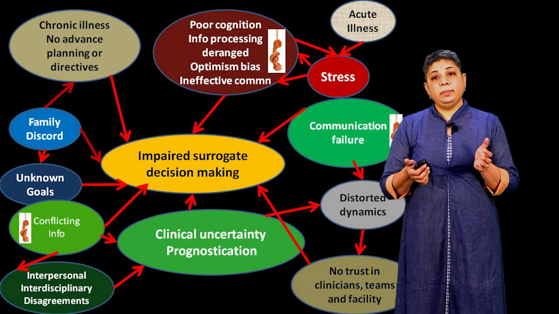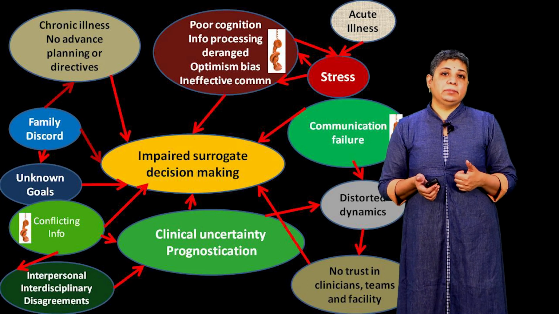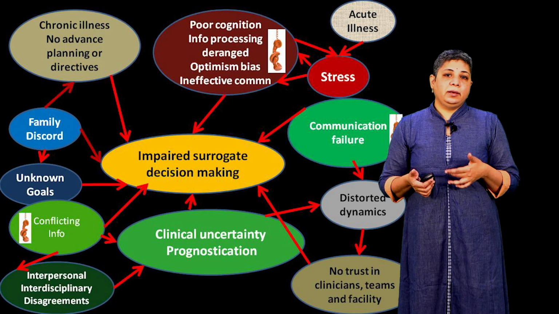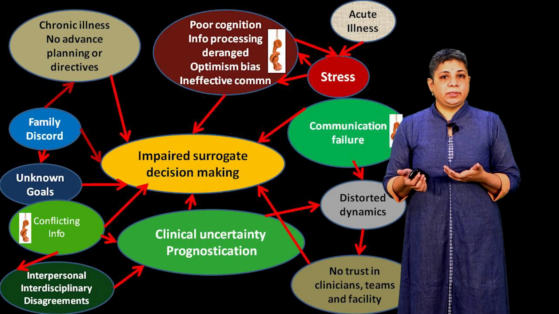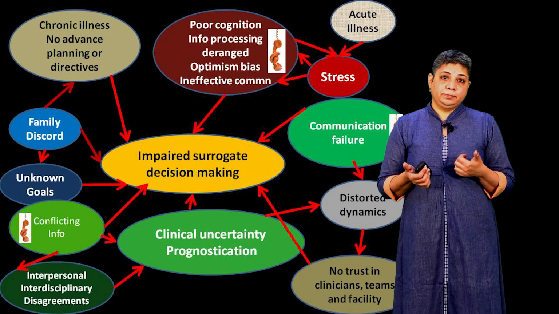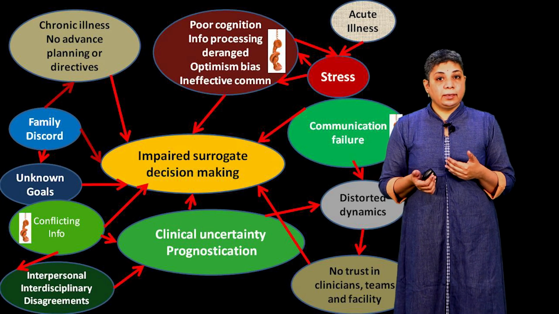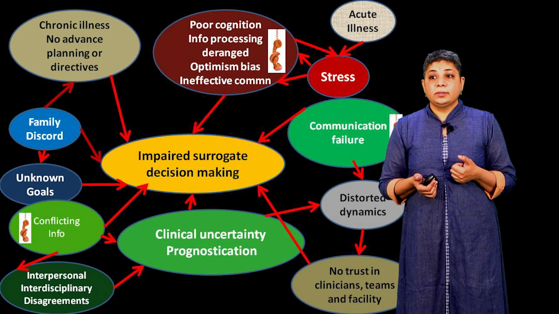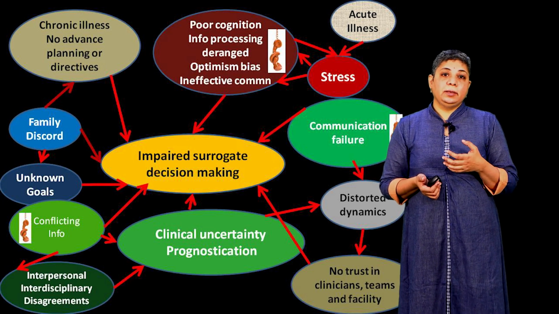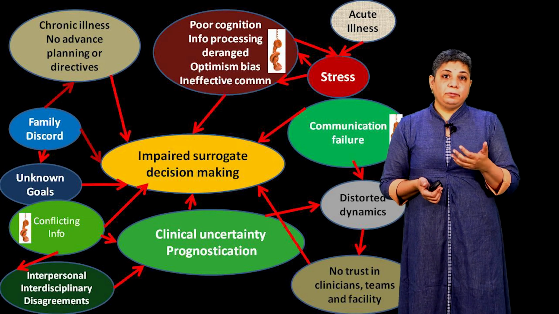Coming to acute situations, the patient comes suddenly to the ICU, let's say something like a road traffic accident or a bad stroke which happens suddenly. Then there is too much stress that the surrogate is under. Because of this acute stress, they are usually not in a position to understand what you're saying.